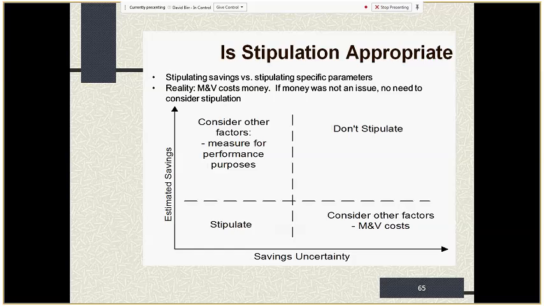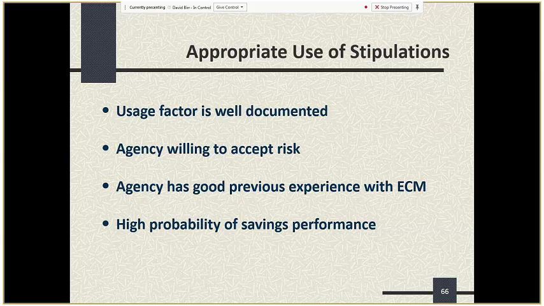We can go to slide 66. So, when's it appropriate to use stipulations? When a usage factor is well documented. Here's an example. If you want to look at hours of lighting as a usage factor, you might have put in some short-term sensors to track, or you might have done visual inspections of the property, and you've pretty well established what the lighting run hours are.